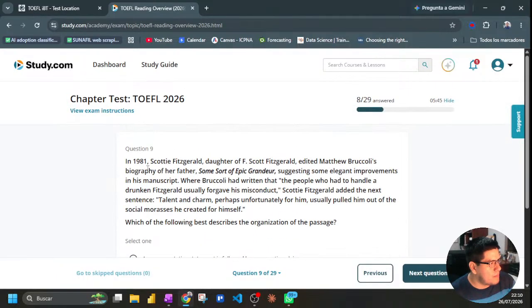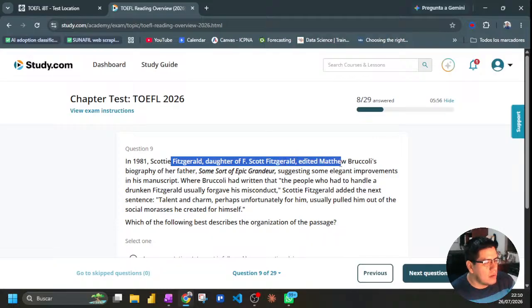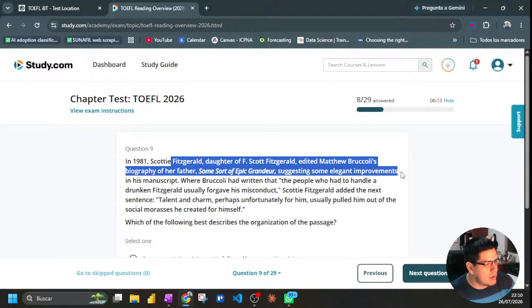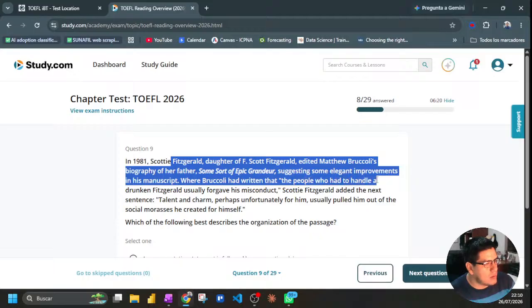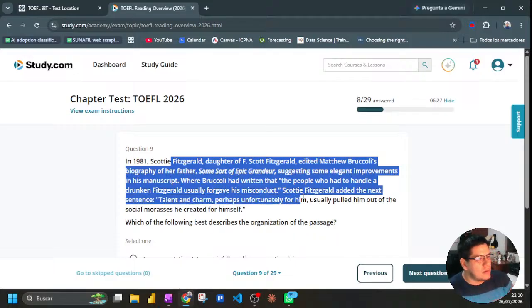In 1981, Fitzgerald's daughter edited Matthew Bruccoli's biography of her father, suggesting some elegant improvements in his manuscript, where Bruccoli had written that the people who had to handle a drunken Fitzgerald usually forgave this misconduct.